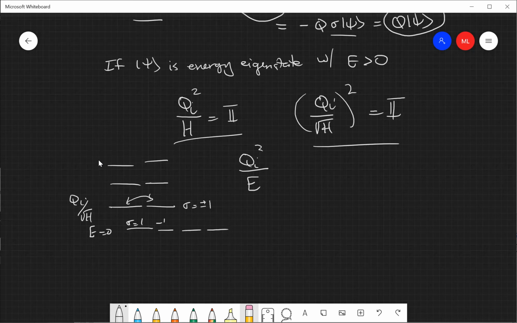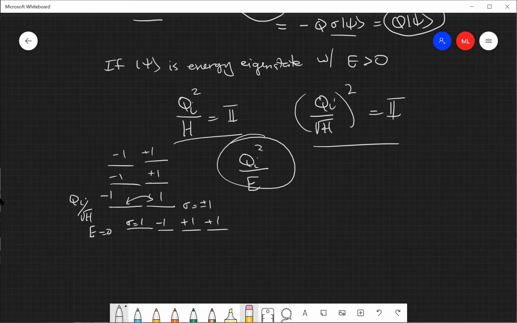Could be 1, -1, +1, +1. They don't have to be paired off. Here it's always -1 and 1. They have to be paired off because when we act with this, we move between different parity states. So they're doubly degenerate, at least.